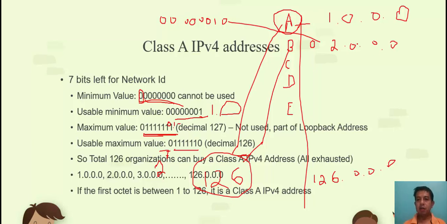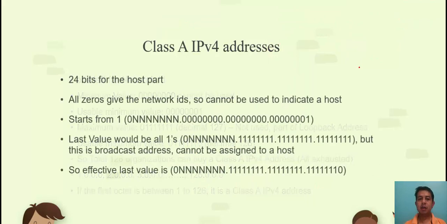So organization A went and bought this class A address. Now this is a large organization. It started connecting the computers in its network. Now remember, its address gives two pieces of information: one is the network ID and the other is the host ID.